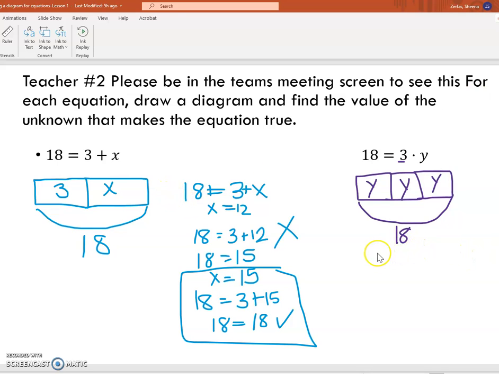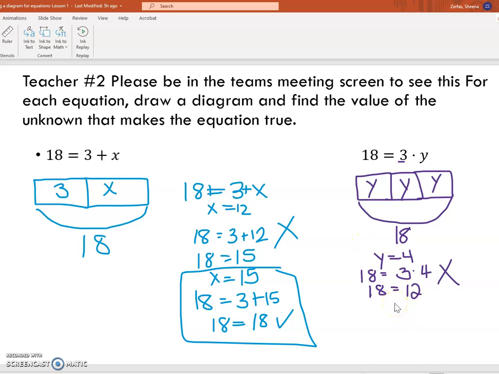If you're not sure, again, you're guessing until you choose the right number for y. So let's say you thought y would equal 4. In my equation, I would replace the y with 4. And 3 times 4, if you look at a multiplication table, only gives me 12, which means that can't be the value for y.